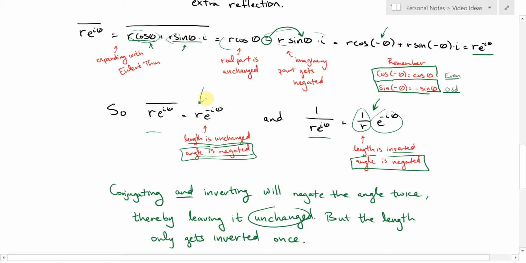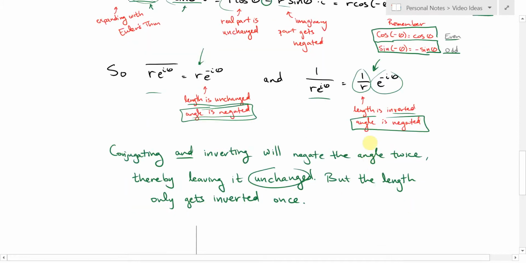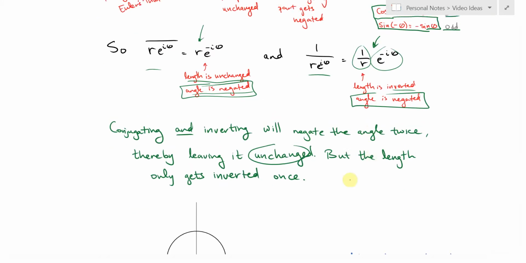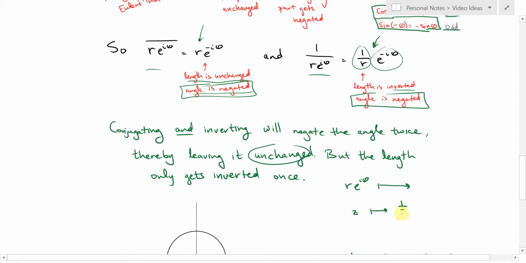So I think I'm beating a dead horse here, but the point is that by the end of it, the formula for inversion in a unit circle, if z gets sent to 1 over z bar, both of them happening at the same time, then r e to the i theta gets mapped to, well, the inversion causes it to turn into 1 over r e to the negative i theta, but then the conjugation negates the angle again.